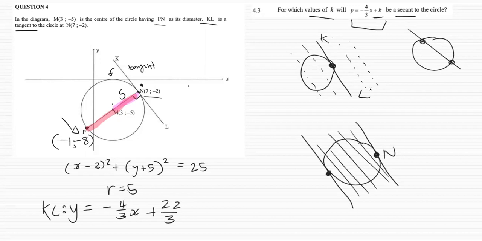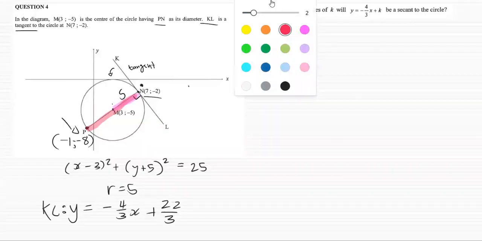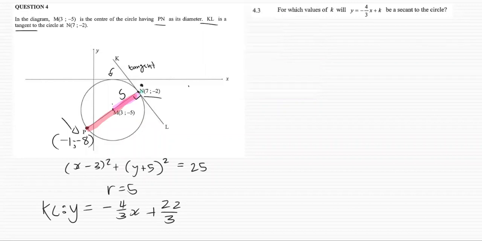So the question is asking what values of k will move the line in that way. Looking at the graph here, it's going to be between N and P. So we need what x's bring KL between N and P.